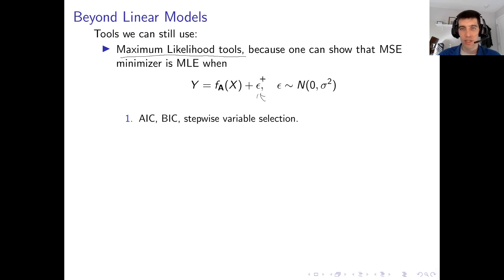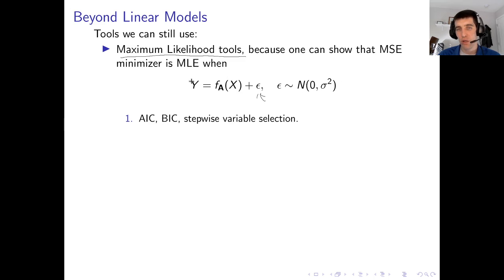And so the selection of A, which minimizes mean squared error, is the maximum likelihood estimator when epsilon is distributed normally, mean zero, variance sigma squared. And this derivation actually works very similar to how we saw it in linear regression case.